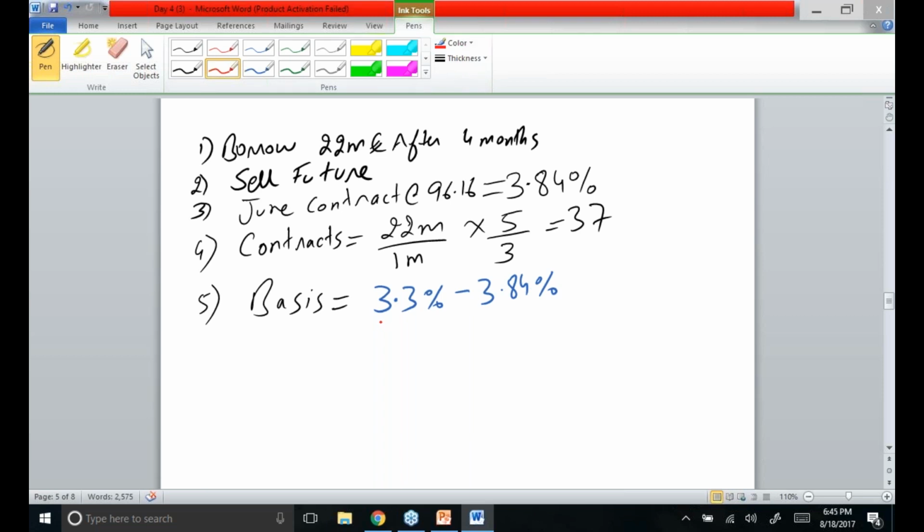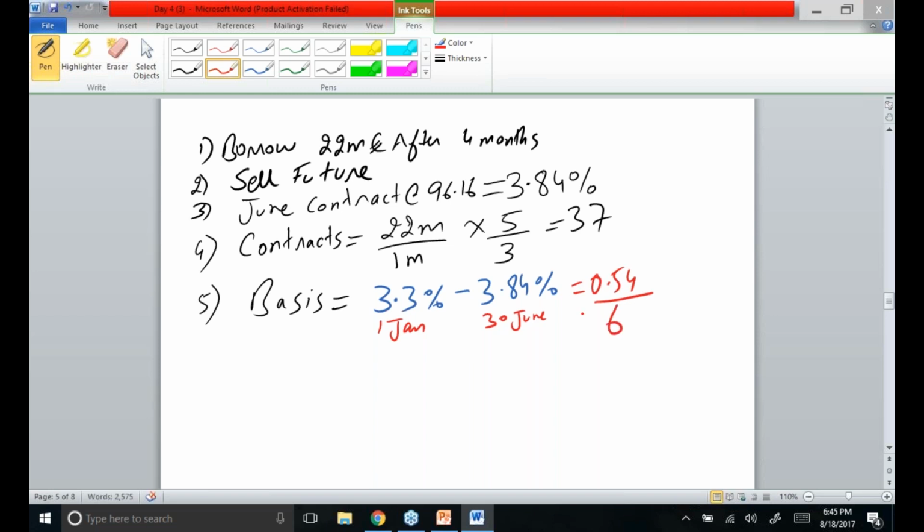Today is 1st January and contract is of 30th June. So the difference is 3.84 minus 3.3, that is equal to 0.54, and the difference is of 6 months.